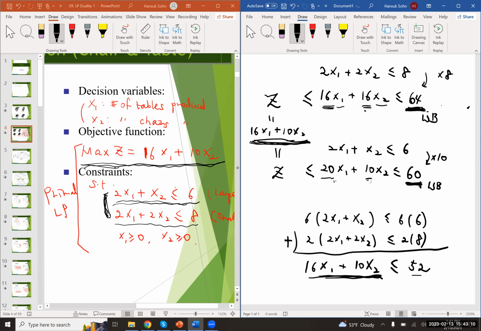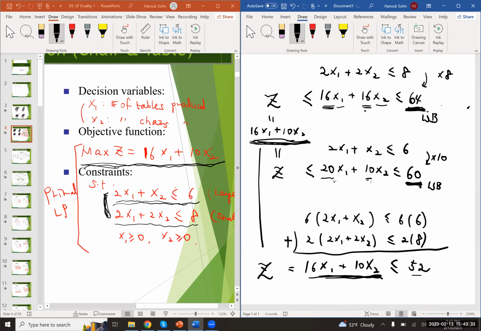So that's exactly the same as our objective function, which is 16x1 plus 10x2. Is that correct?